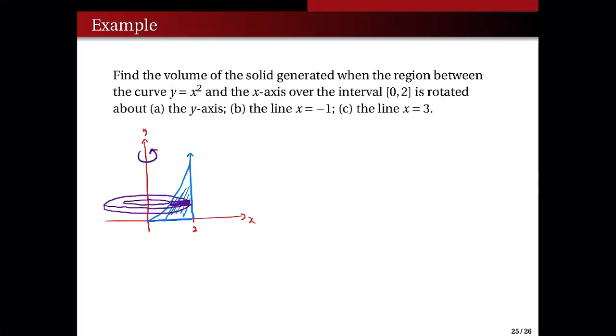We consider the bigger radius. The bigger radius is from the center, the axis of revolution, up to the farther function. It's not clear there, but it will be somewhere. So from the axis of revolution to that farther function, this is your bigger radius.